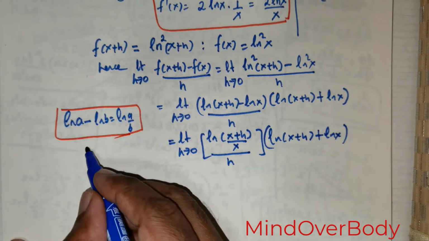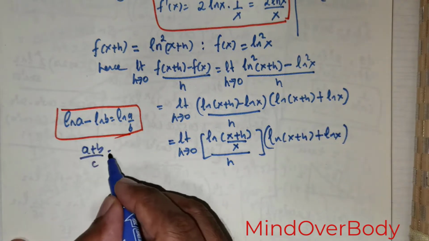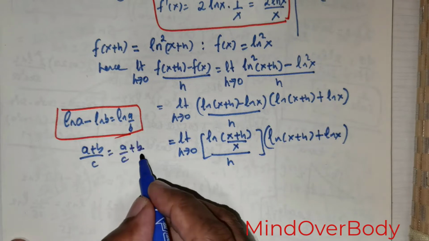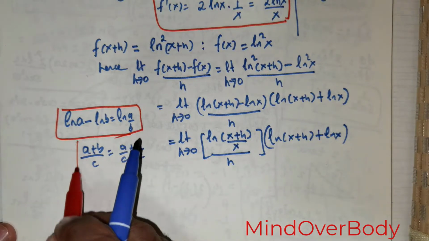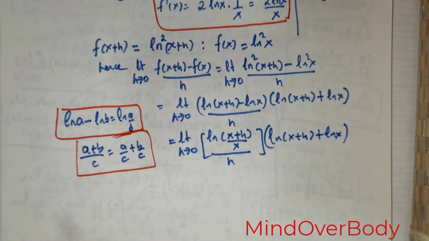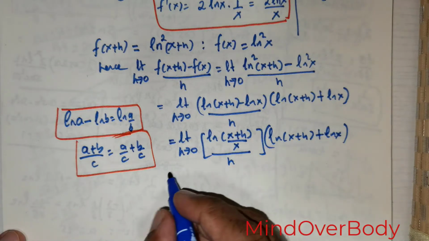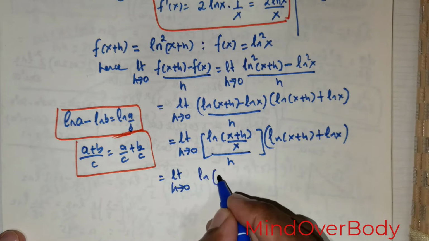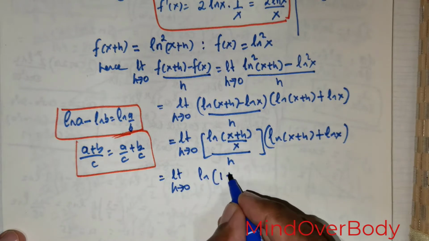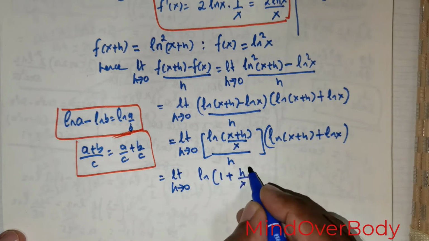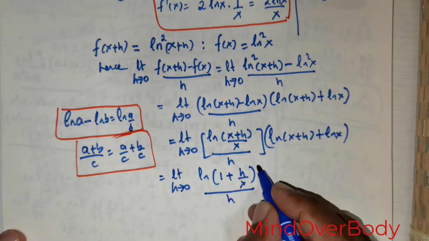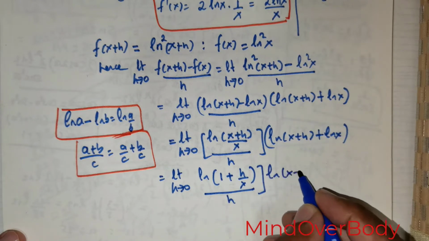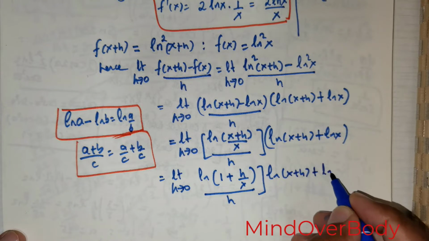Now from algebra a plus b over c can be written as a over c plus b over c. So I would like to write this as ln of x over x, that's 1, plus h over x, divided by h, times ln of x plus h plus ln of x.